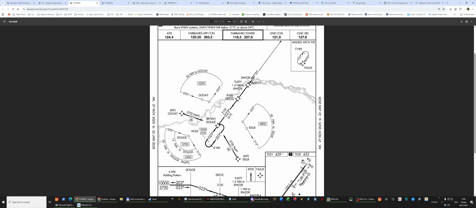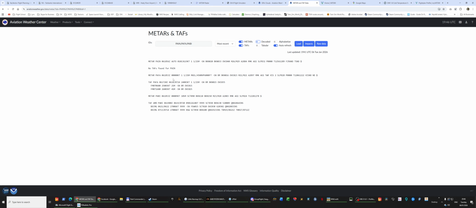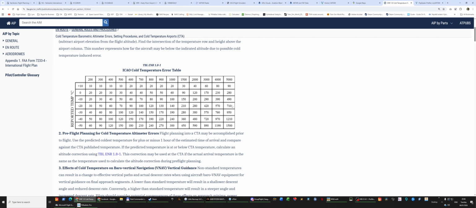Field elevation is 439, so that means that this is 5,000 feet above elevation level, and if the temperature reported is, let's see, now there is minus 21, and you are 5,000 feet above, that means that our altimeter error will be 710 feet.